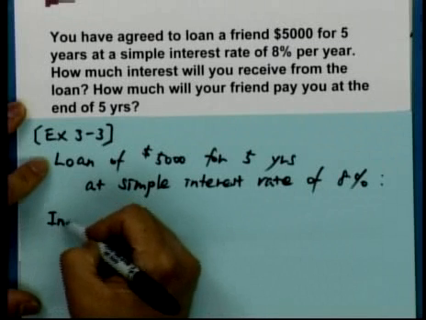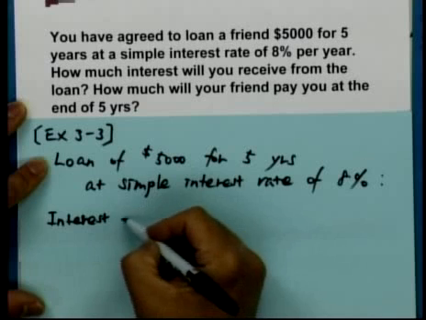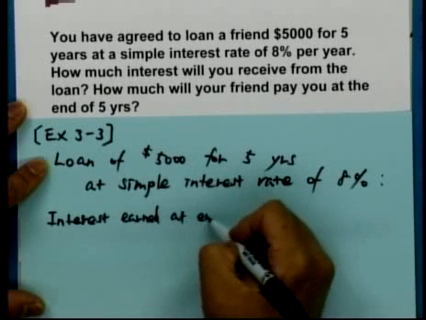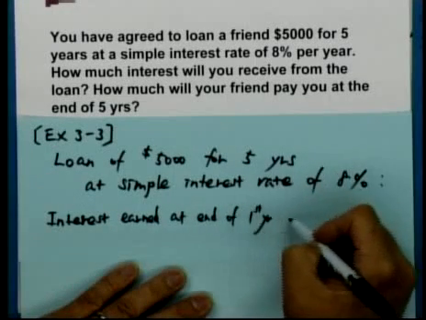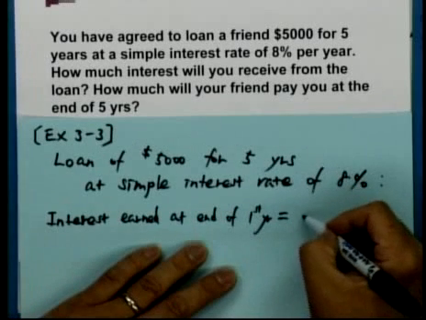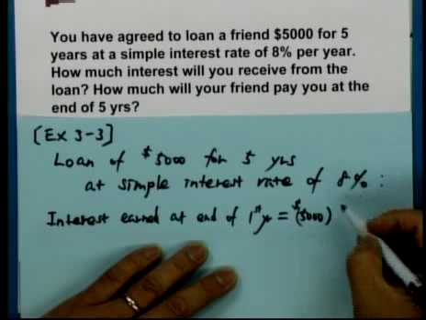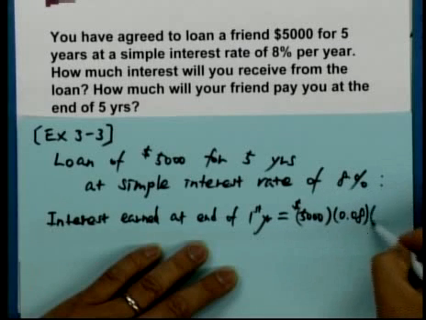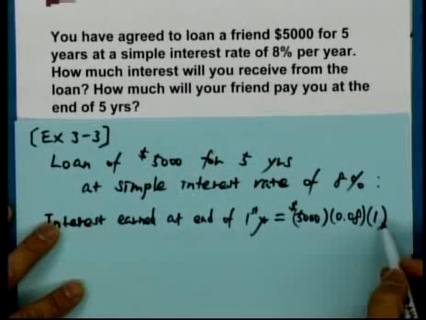So the interest earned at the end of the first year would be the initial deposit of $5,000 times the interest rate, which is 0.08, at the end of year 1. How much is that?